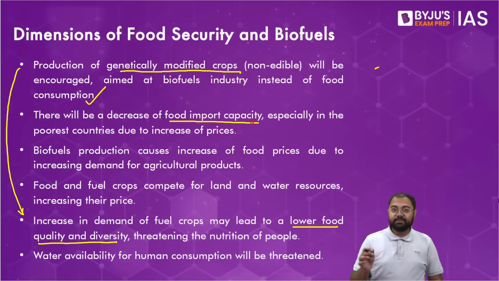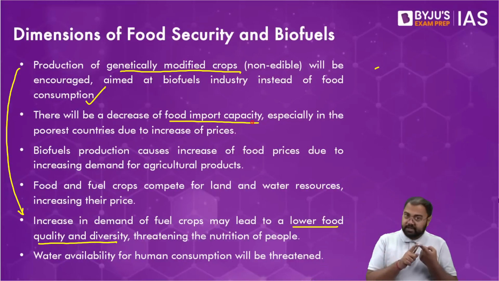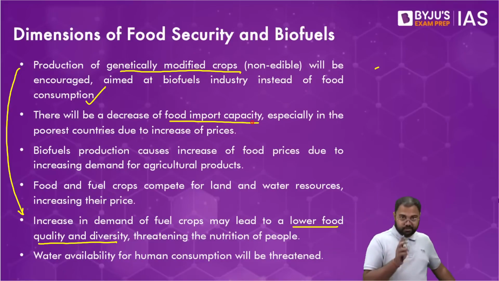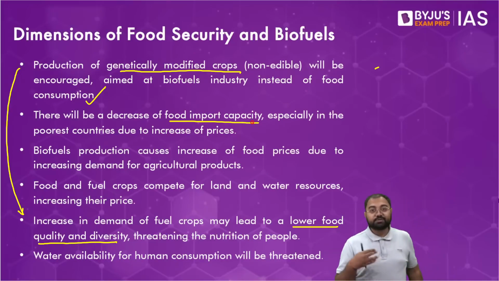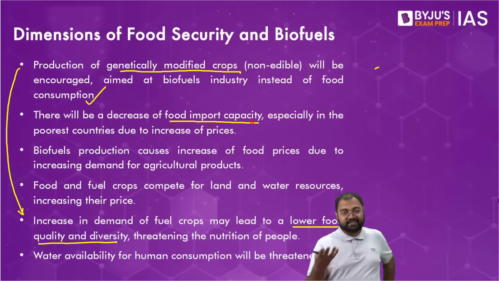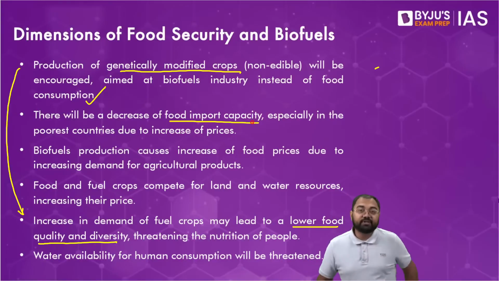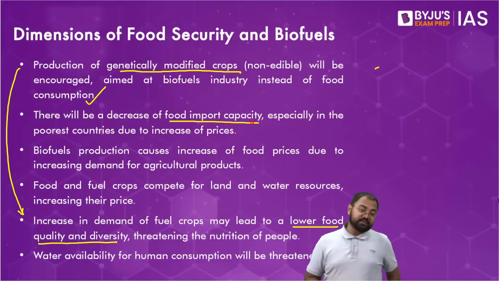So that's why what's happening here is that the demand remains constant, the supply is decreasing, so obviously the prices will rise. So that's why their import capacity will decrease, because they are poor countries, we are already defining them as poor countries. So it's not that it's easy for them to get this extra amount of money and keep paying for all the imports of the food. So that can become a major challenge for many of these countries also.